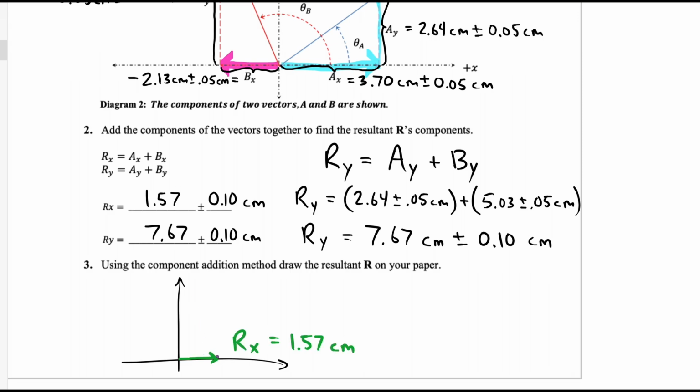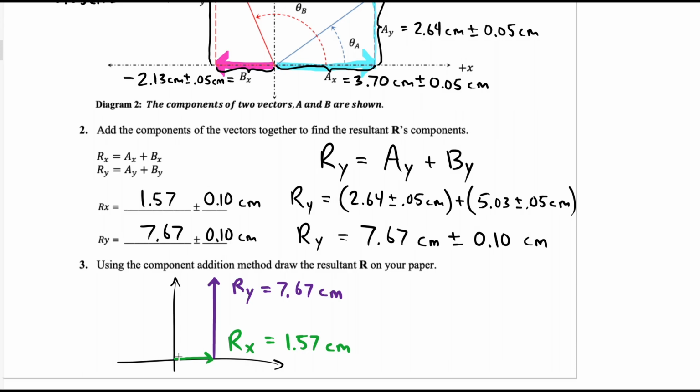Then I also want to go from there up by an amount Ry, which is 7.67 centimeters. Finally, I'll draw the resultant, which points from the origin here to the tip of where I landed up with Rx plus Ry. And so the black vector is going to be my resultant R.